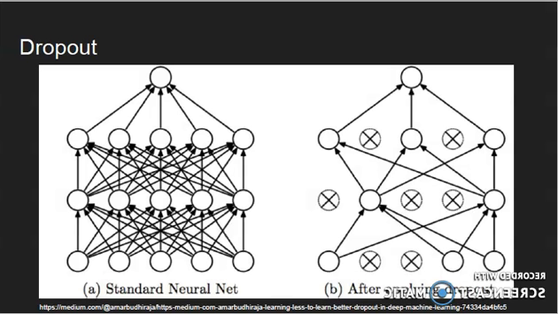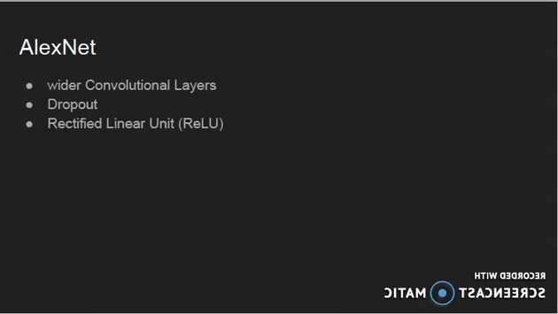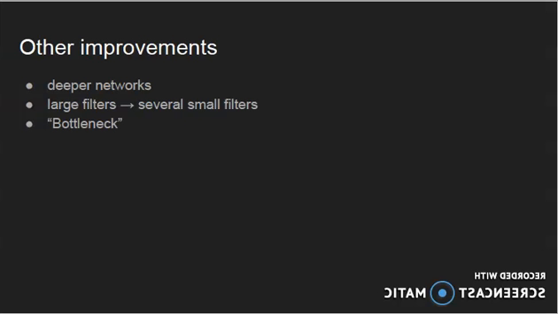Here is a standard neural net, and here it is after applying dropout. Other improvements include deeper networks, larger filters replaced by several smaller filters, and bottlenecks, which further reduce overfitting.